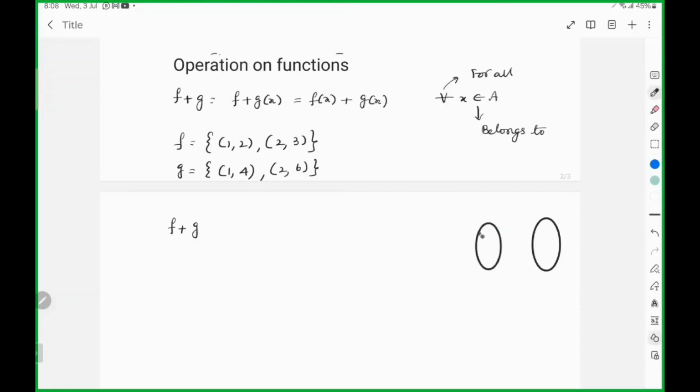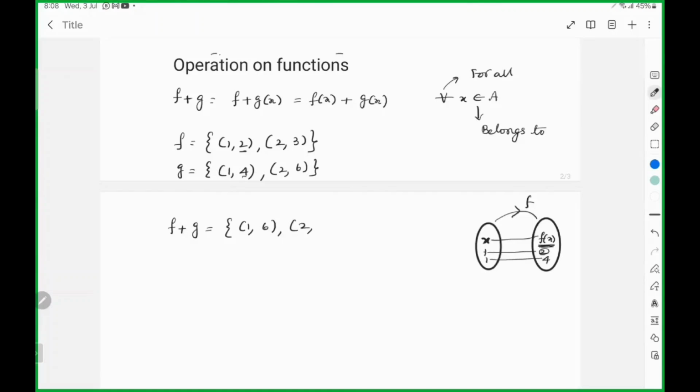Here is an element x, and here we have f, image f of x. When you are adding functions, you are adding y values. Here 1, 2, 1, 4, for example. Adding functions means you should not add x values. You should add the corresponding function values.